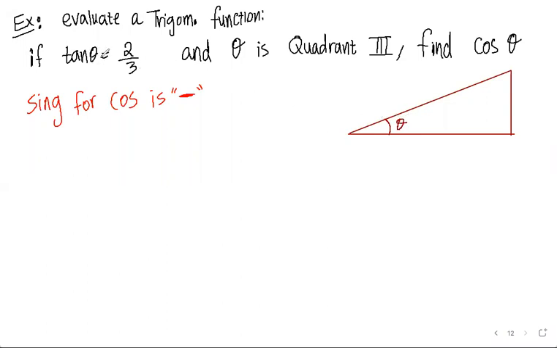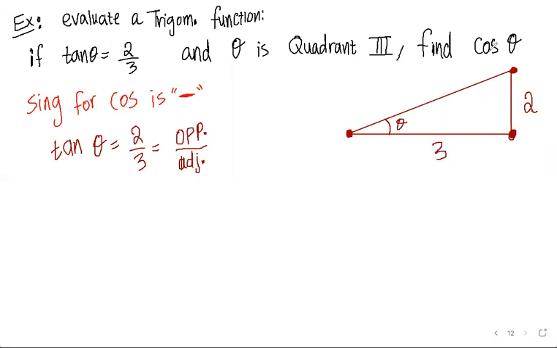The tan of theta is 2/3, and this is equal to the opposite over the adjacent. So from this side to this side is 2, and from this one to this one is 3.